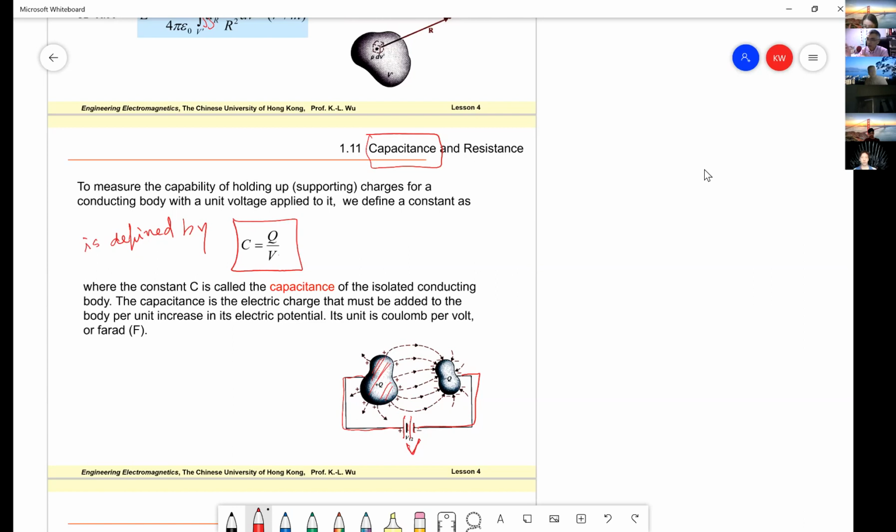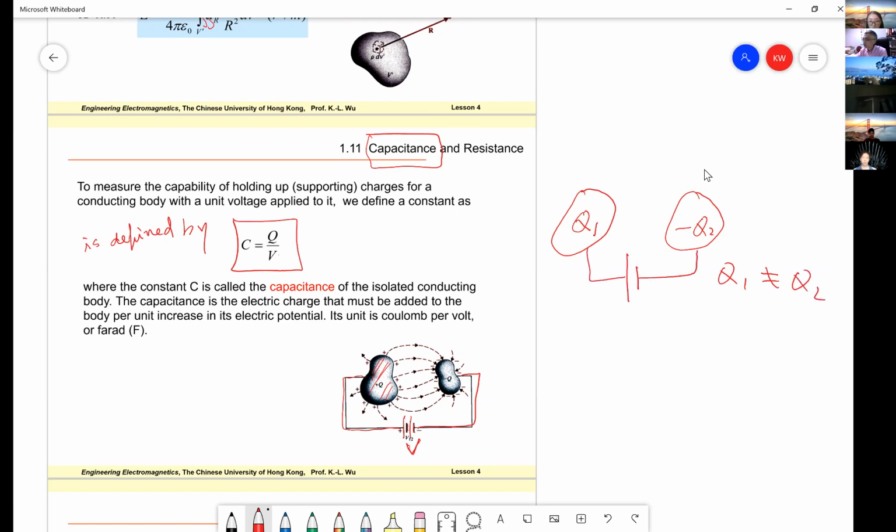If I have two conductors, this is Q1, and another conductor is minus Q2, but Q1 is not equal to Q2.